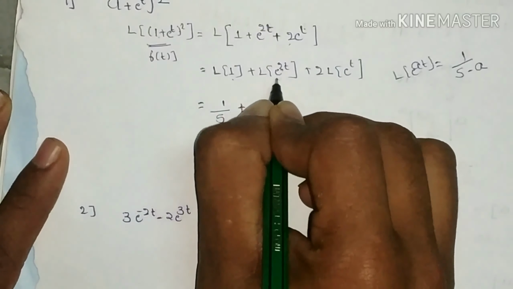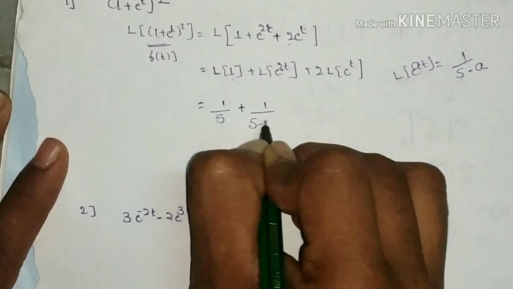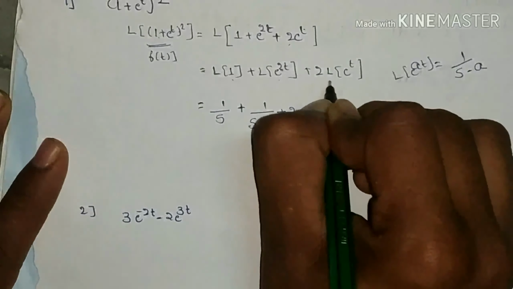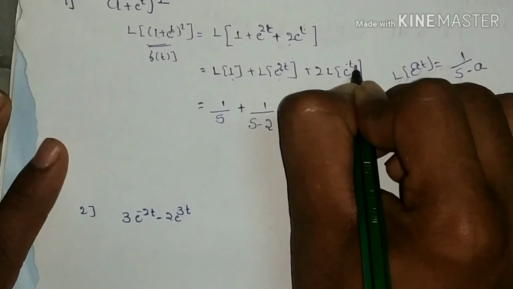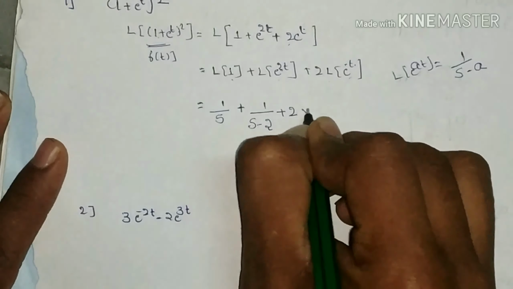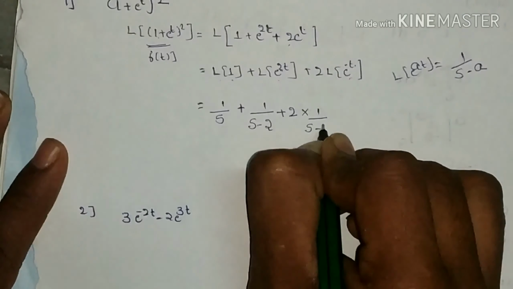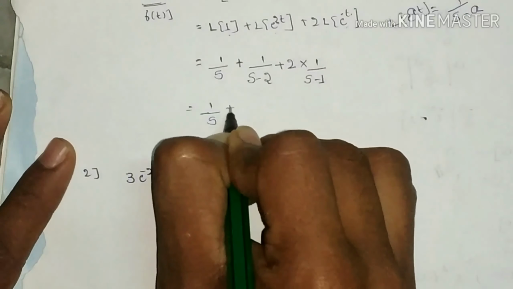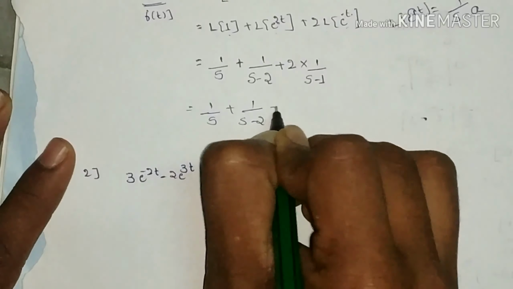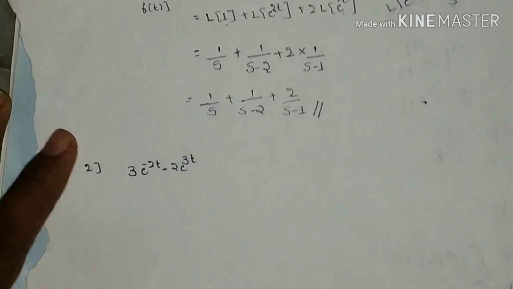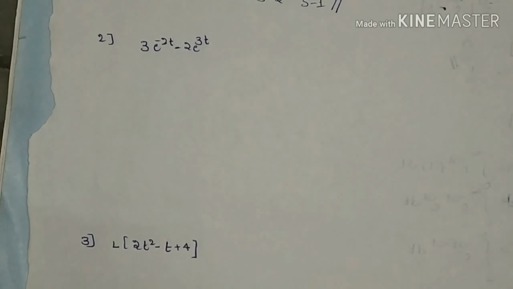Therefore, Laplace of e raised to 2t is 1 divided by s minus 2, plus 2 as it is, Laplace of e raised to 1t. In place of a, 1 is there, so 1 divided by s minus 1. It becomes 1 divided by s plus 1 divided by s minus 2 plus 2 divided by s minus 1, which is the final answer.